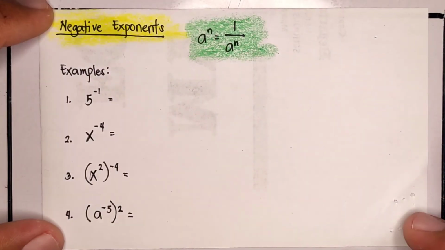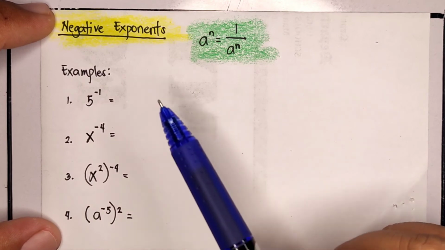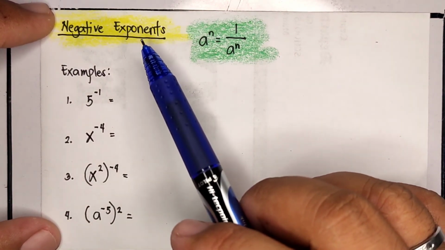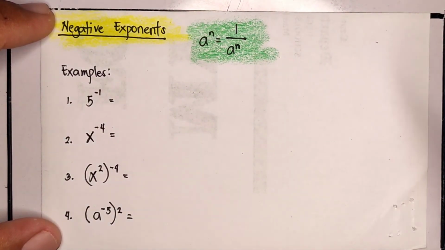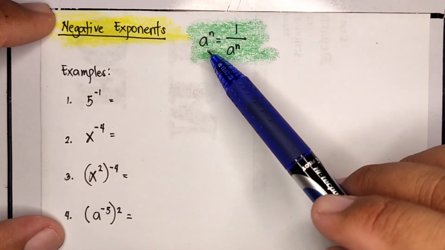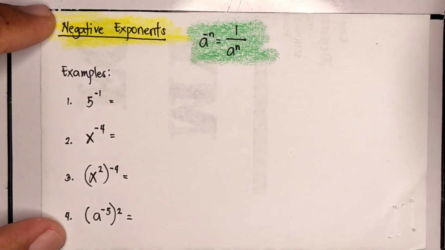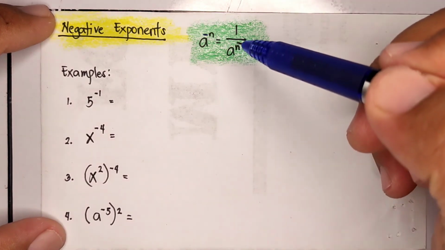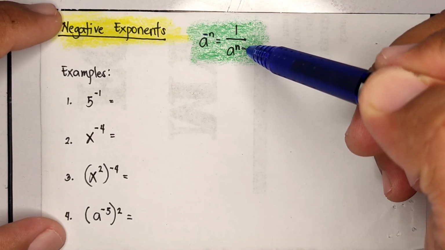Okay, how about if we will have here our exponent is negative. That is negative exponents. Okay, negative exponents. It applies also in the quotient rule. We subtract these exponents. Then if the result is negative, then we will have here a raised to the power of negative n, and a raised to the power of negative n is equal to 1 over a raised to n.